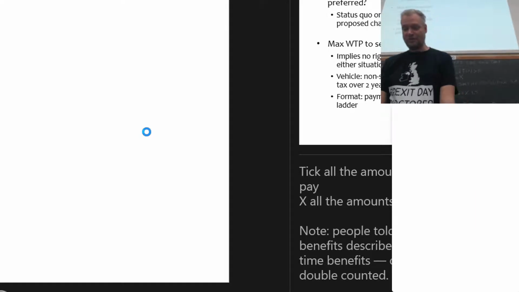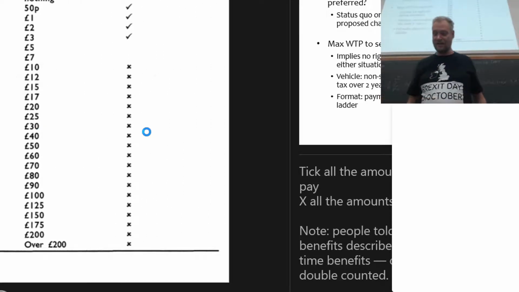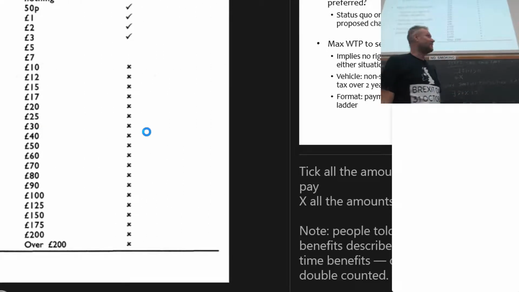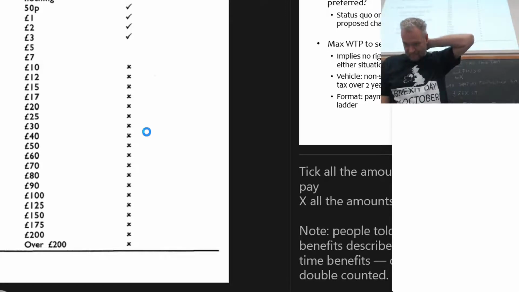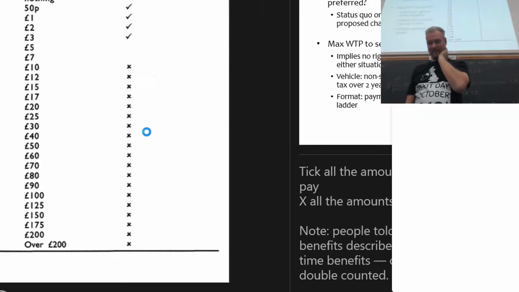And the format that was used is a so-called payment ladder. So far I've been sort of saying, well, we're just asking people how much are you willing to pay for this, and it turns out that then you get fairly nonsensical answers. So one alternative to that is to use the so-called payment ladder, where you give these options from 0 to £200 per household per year, I think is the number.